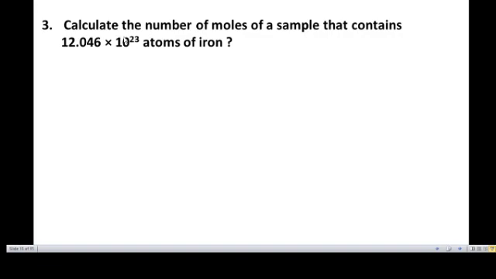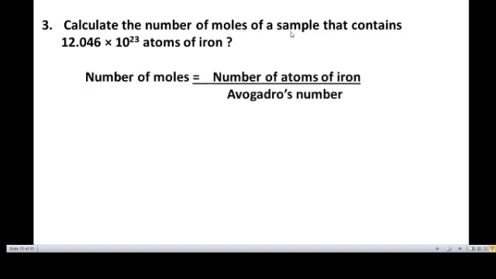Next, calculate the number of moles of a sample that contains 12.046 into 10 to the power of 23 atoms of iron.